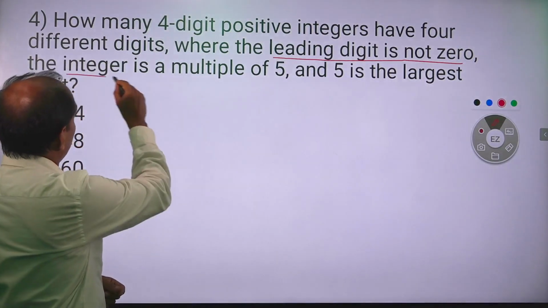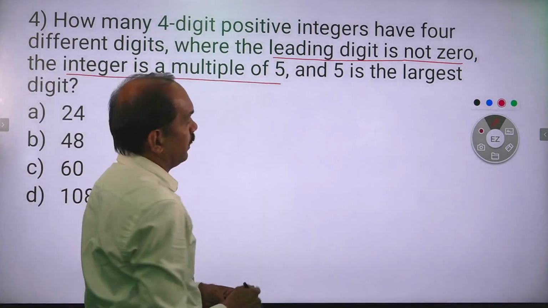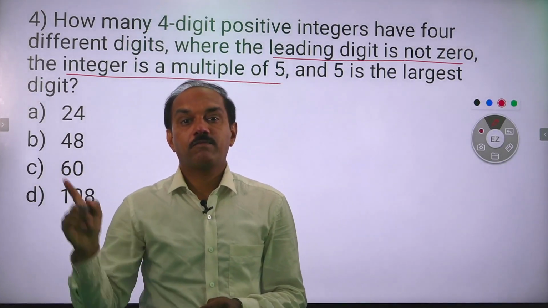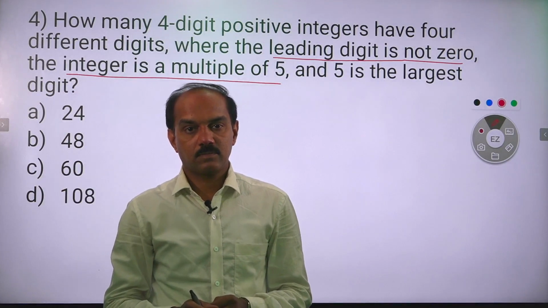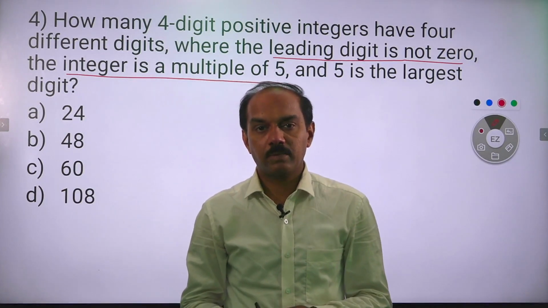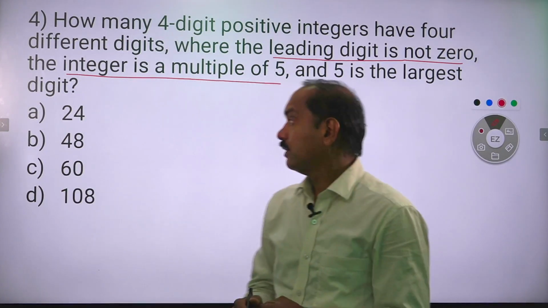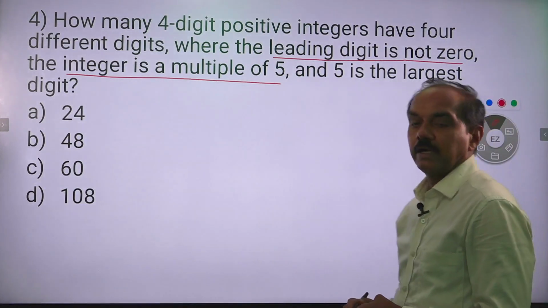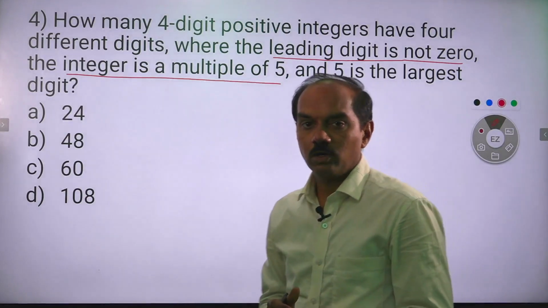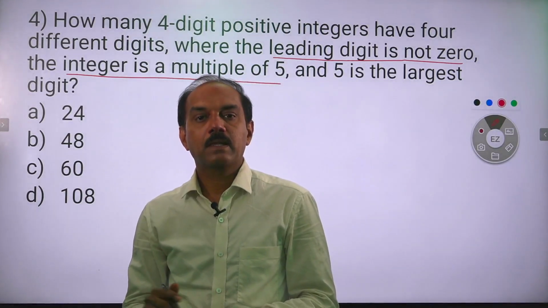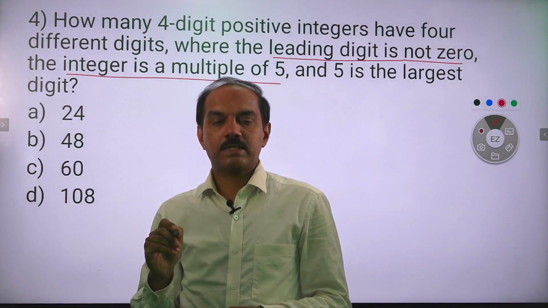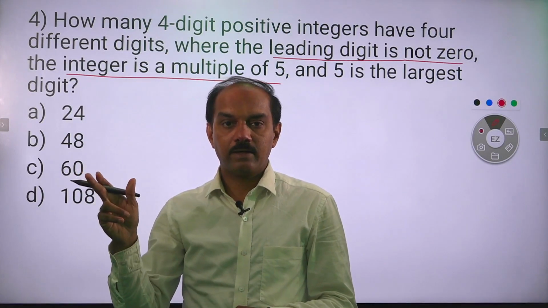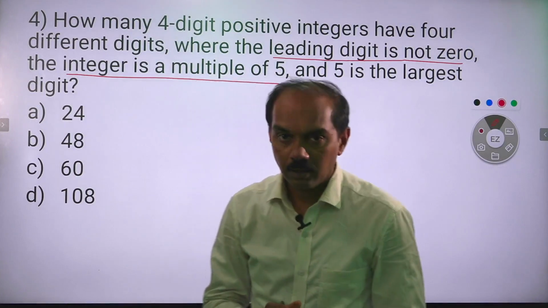And the integer is a multiple of 5. When can we say that it is a multiple of 5? When 5 is there in the end. Okay, 5 can be there in the end, only then we can say it is a multiple of 5, and even you can have 0 also in the end. Okay, once we say that it is a multiple of 5, 5 can come in the end, 0 can also come in the end.